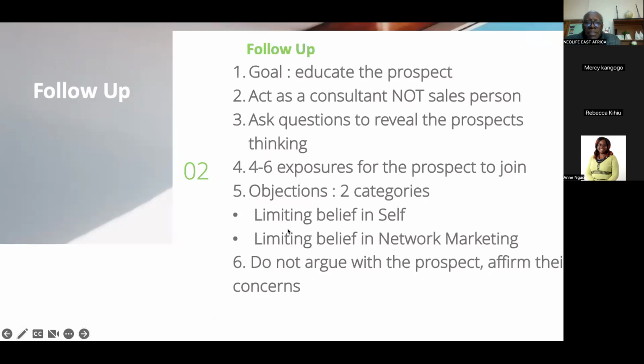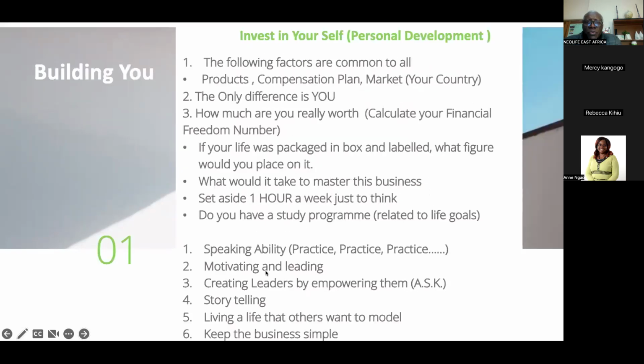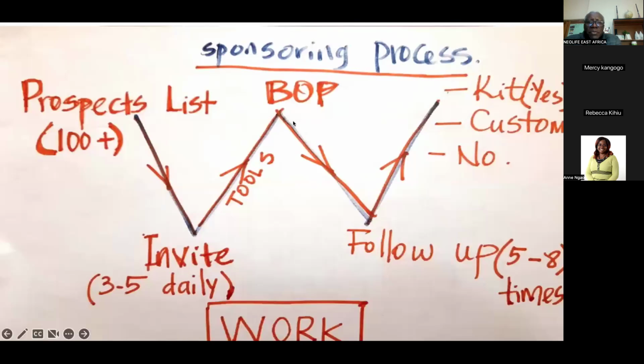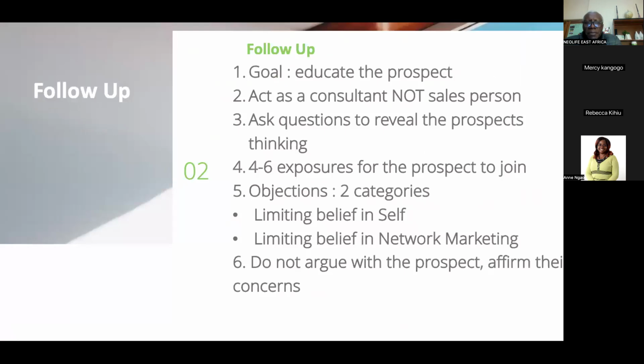And once you've learned to invite, then comes the business opportunity presentation. A few rules about the presentation. At the presentation, go there in time, sit in front, have a pen and paper to take notes, take part in the presentation.